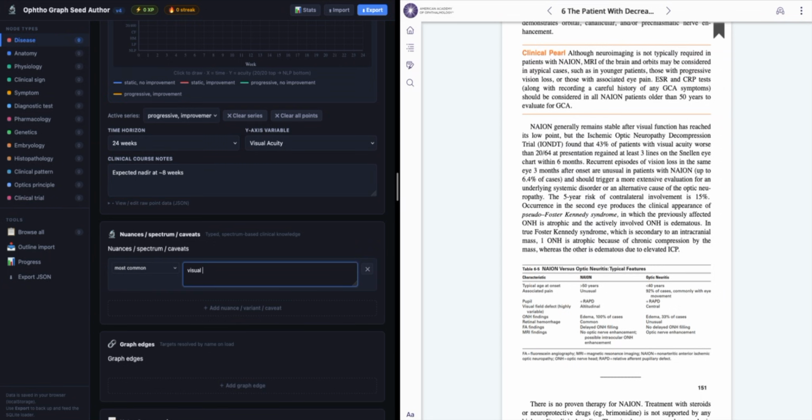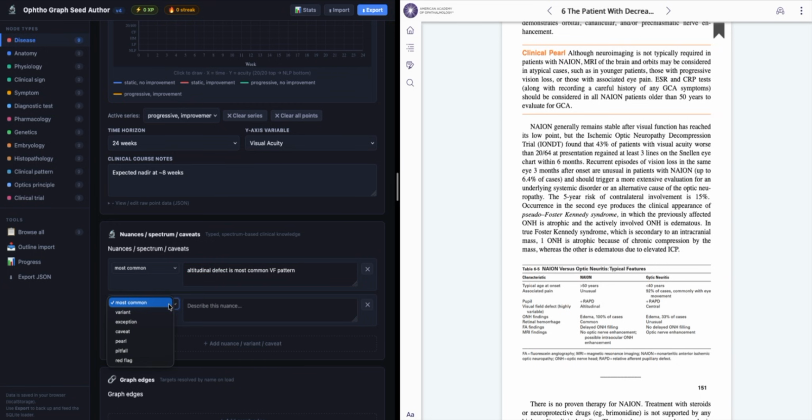So the most common visual field is an altitudinal defect. Like that. Let's see, what other things can we do?